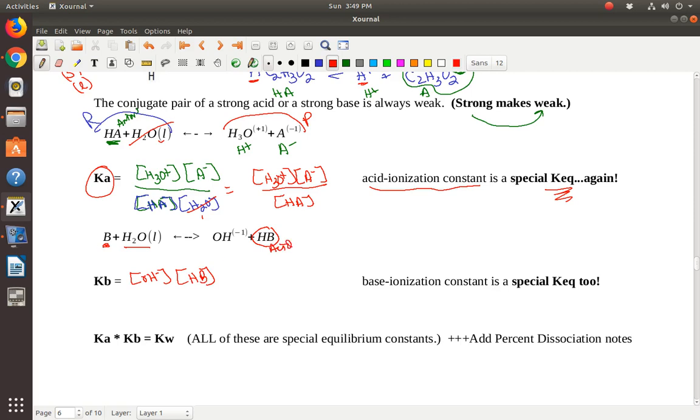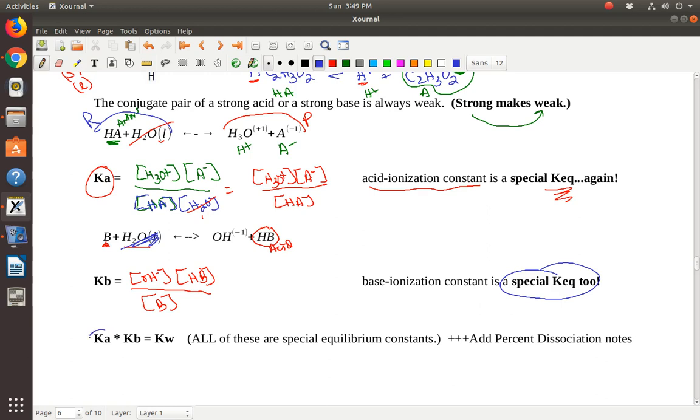Remember, the base makes the acid, and the acid makes the base. So divide it by just the concentration of B. Again, the water goes away because it's a pure liquid. And that's called the base ionization constant, which is just another equilibrium constant.